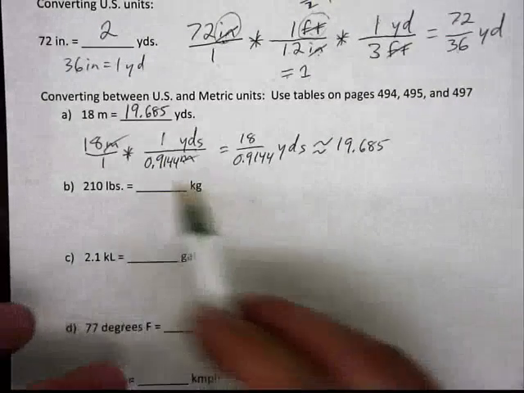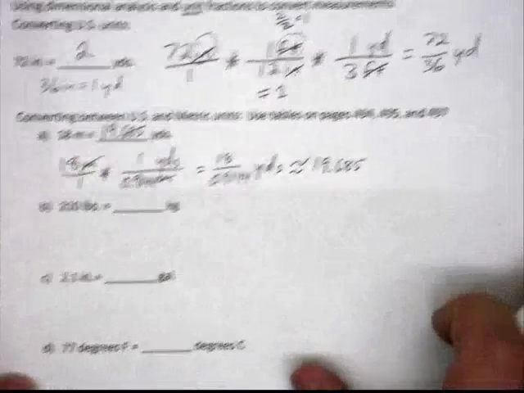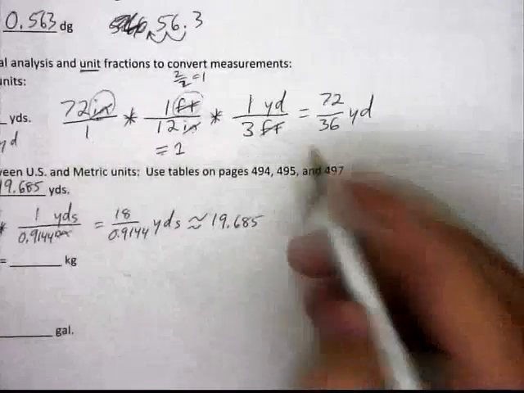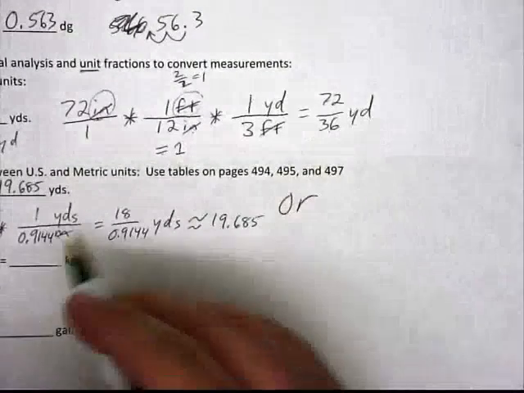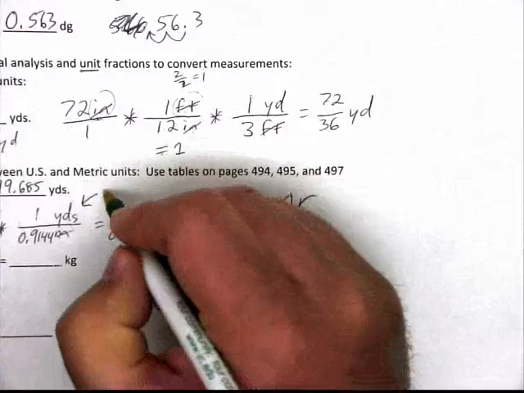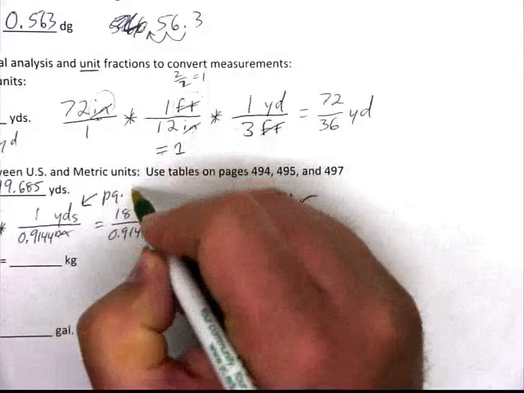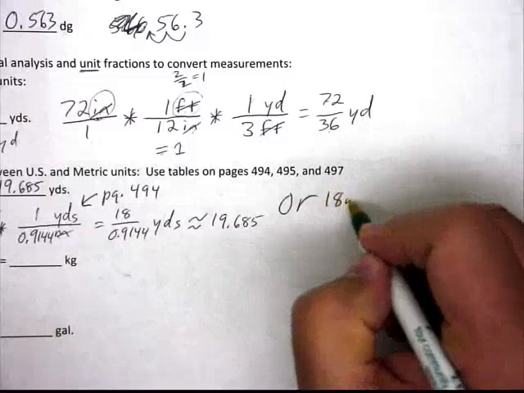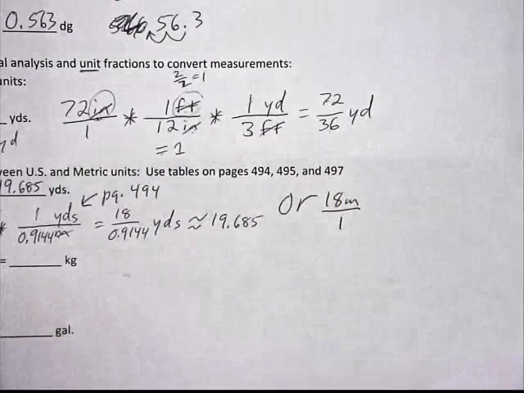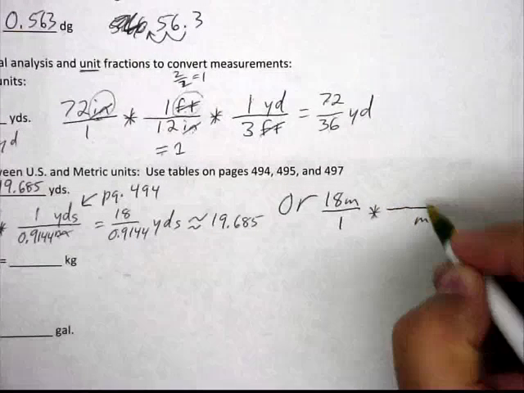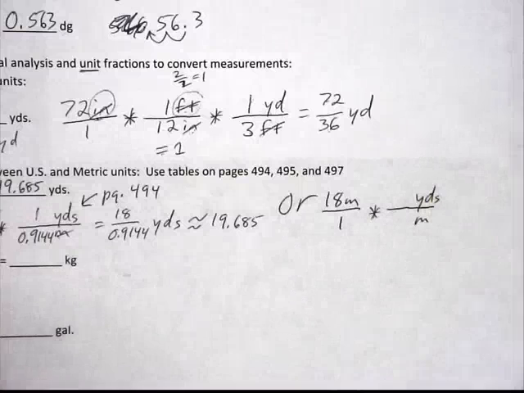But that's not the only way you could do that. There's another way you could do this problem. Alrighty, so let me say or. So here I was using, this came from page 494. Or I could take 18 meters, put it over 1, multiply it by meters and yards.